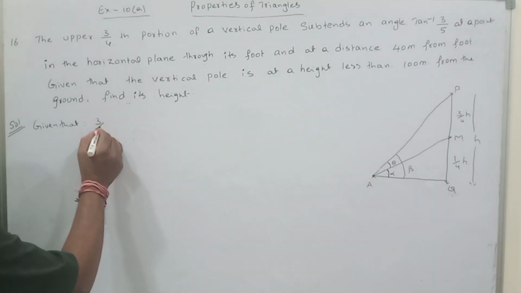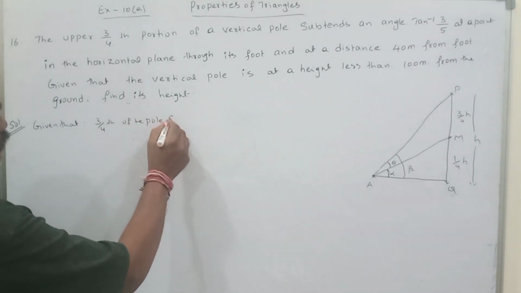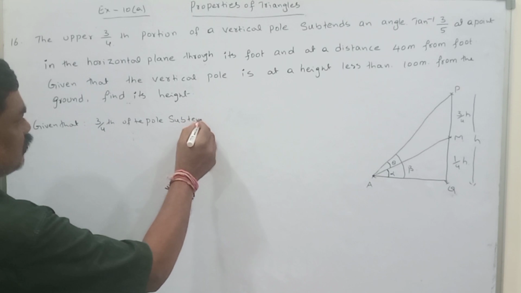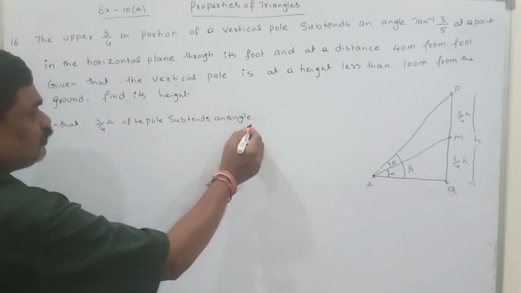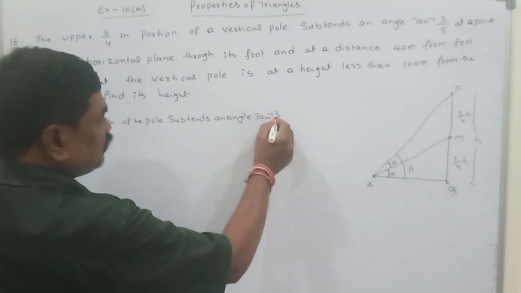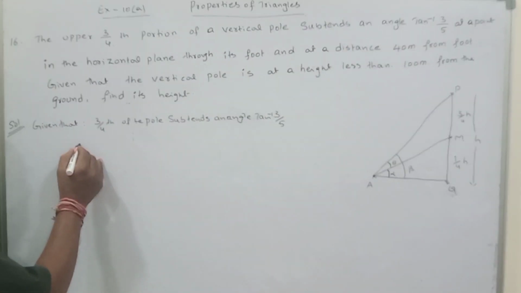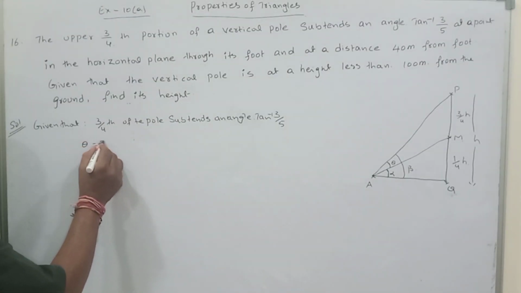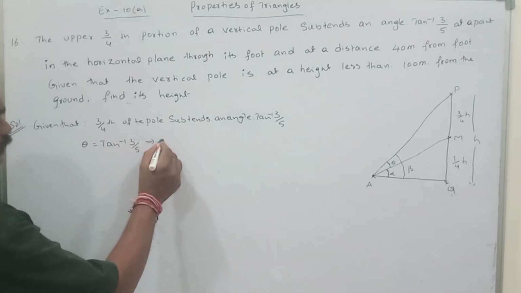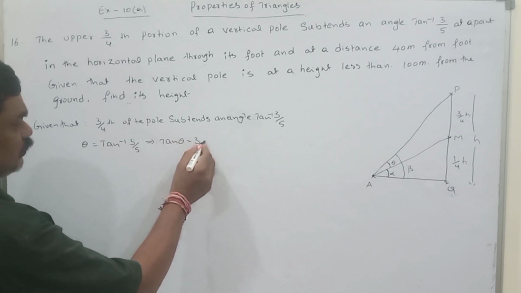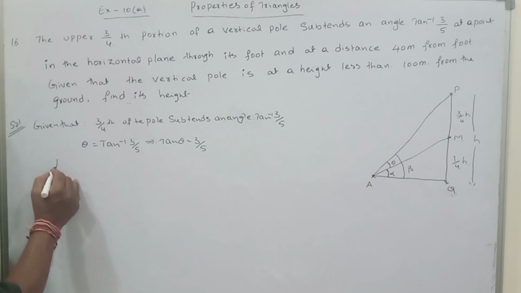So, 3 by 4th of the pole subtends an angle tan inverse 3 by 5. So theta is equal to tan inverse 3 by 5, which implies tan theta is equal to 3 by 5.